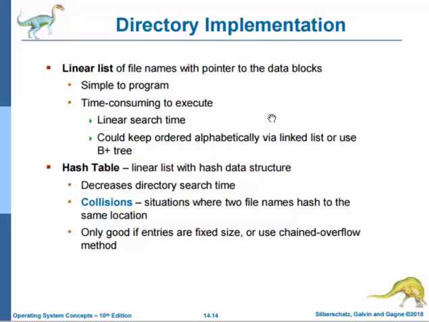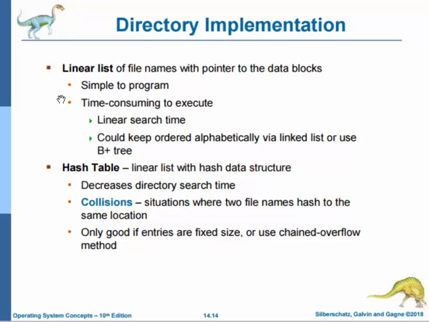The selection of directory allocation and directory management algorithm significantly affects the efficiency, performance, and reliability of the file systems. In this section, we discuss the trade-offs involved in choosing one of these algorithms. The first algorithm is the simplest method of implementing a directory, and it uses a linear list of file names with pointers to the data blocks.